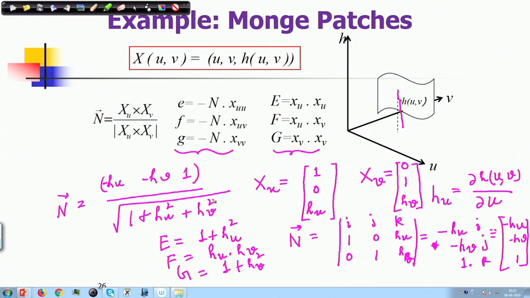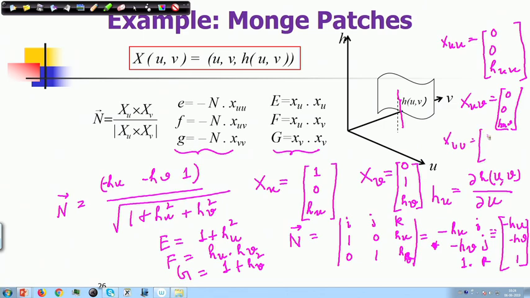So, if I consider x_uu, which means I have to once again take the derivative with respect to u, we will get 0, 0, h_uu, and x_uv is 0, 0, h_uv, and x_vv is 0, 0, h_vv.